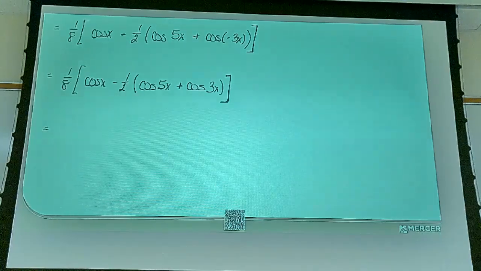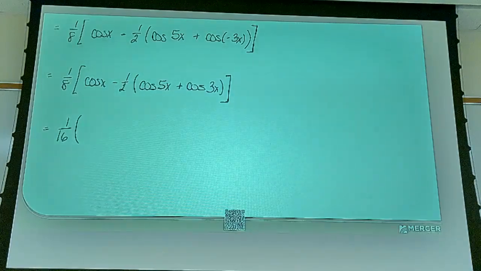Factor out that 1/2. But when you factor a 1/2 out of 1, what are you left with?